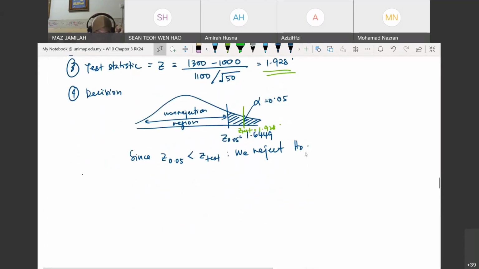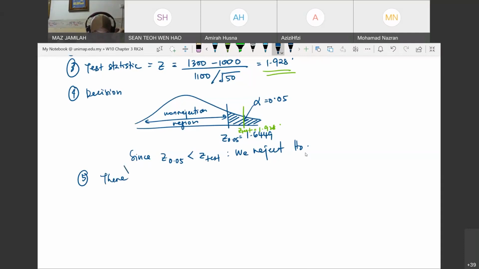And what would be your conclusion? Now, we are claiming that our mu is greater than 1,000. And now we have evidence that we can reject the null hypothesis, which means we have sufficient evidence to support our claim that the mean expenses is more than 1,000.